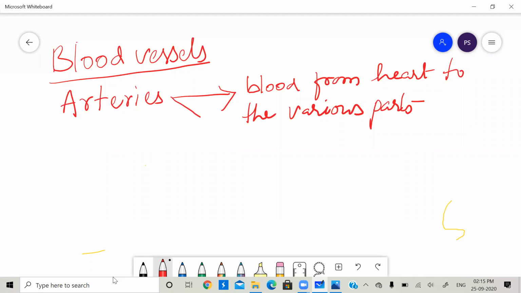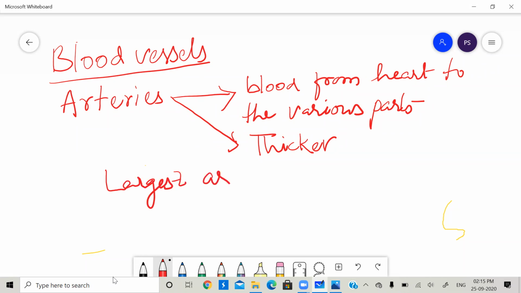The walls of the arteries are relatively thicker. In our human body, what is the largest artery? The largest artery is the aorta.